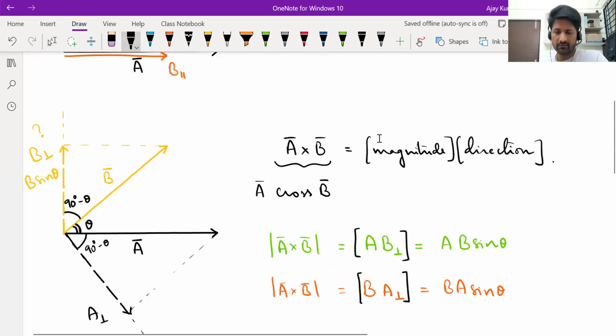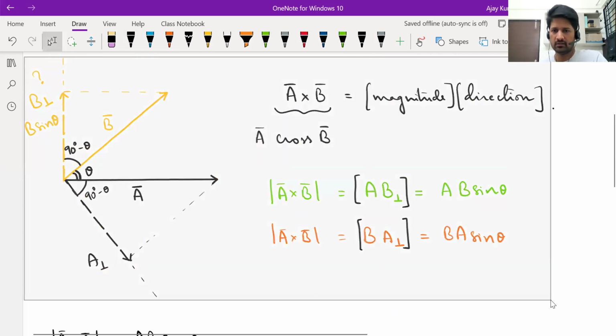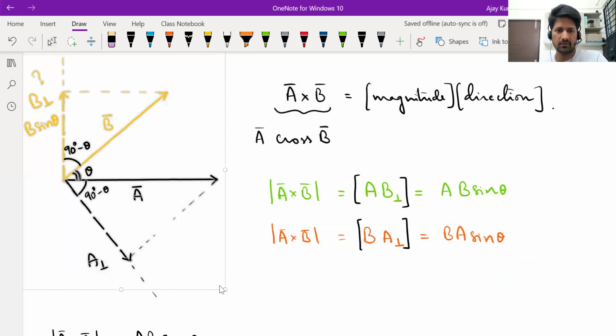Fine. Next thing we need to discuss is the direction of cross product. This is slightly tricky and this is very important.